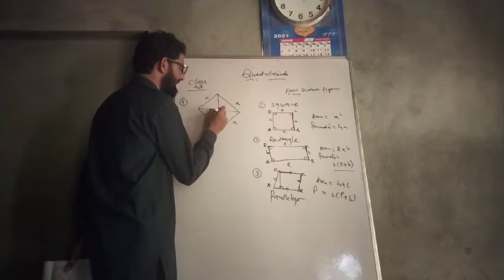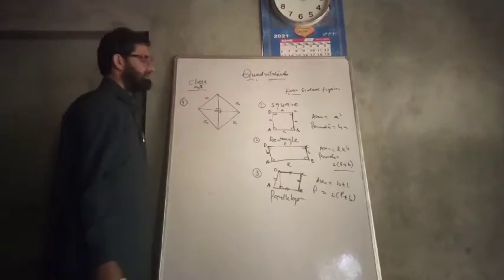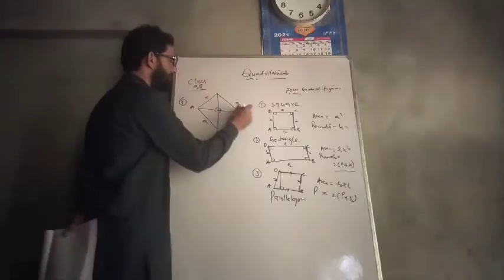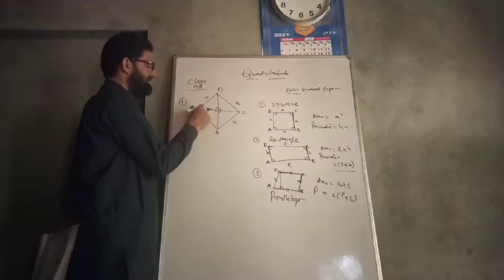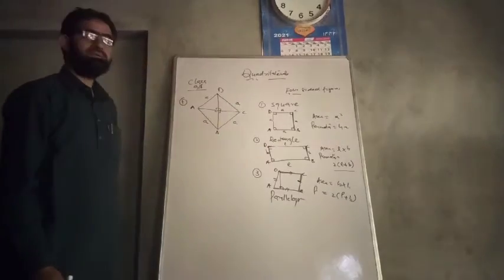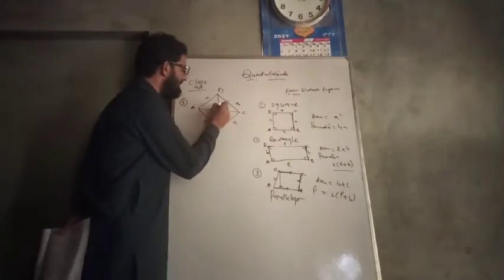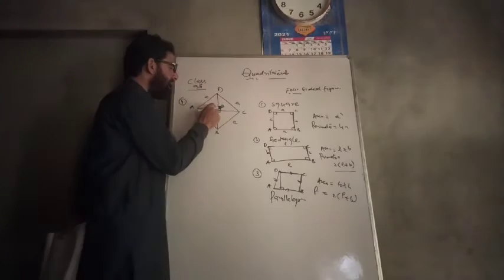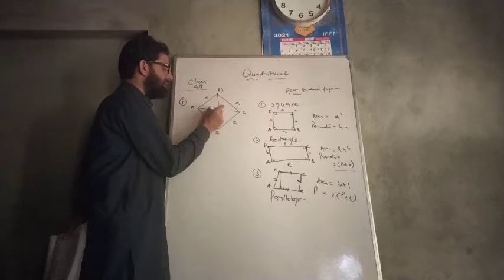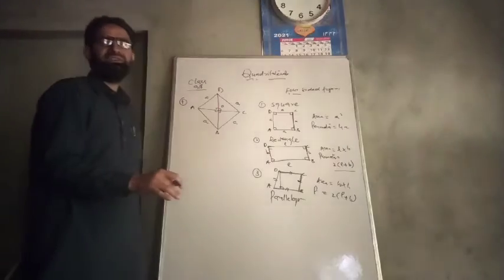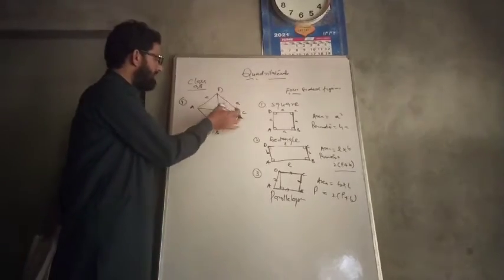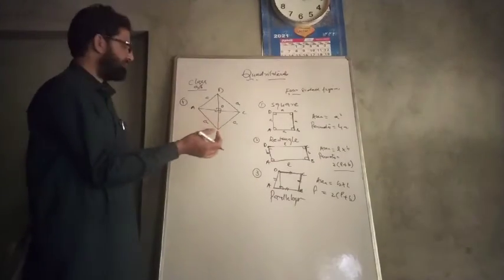It's a 90 degree angle, and the diagonals get bisected. ABCD is the rhombus. The diagonals of the rhombus bisect each other. That is, if this is O, then AO is equal to OC and DO is equal to OB, and at the point where these two diagonals intersect each other, a right angle is formed. So diagonals of a rhombus bisect each other at right angles.